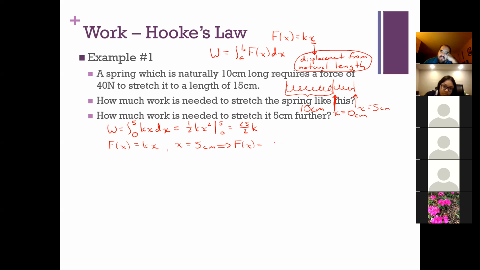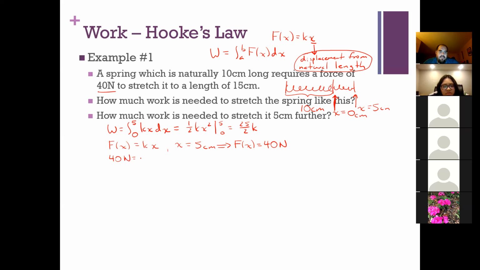When that displacement is 5 centimeters, what's the force acting on the spring? Hopefully we're thinking it, but the force is 40 newtons. This is given to you at the outset here. So from there, I can use that to solve for my stiffness constant.